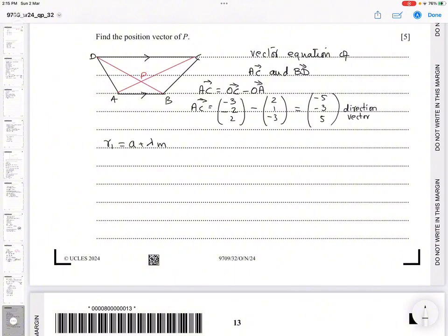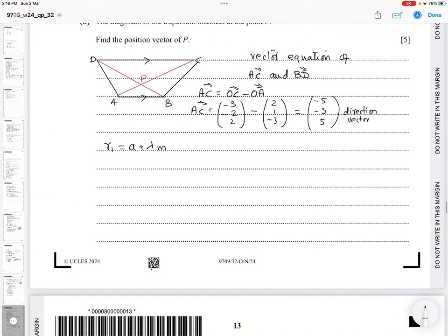So I can write r1 equals my fixed point OA, column vector 2, 1, minus 3, plus lambda times my direction vector which I just found out, minus 5, minus 3, positive 5. So now you can name it equation 1.